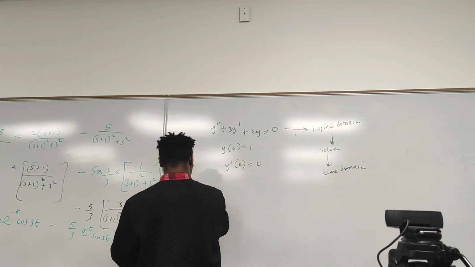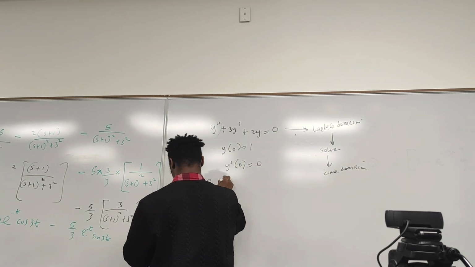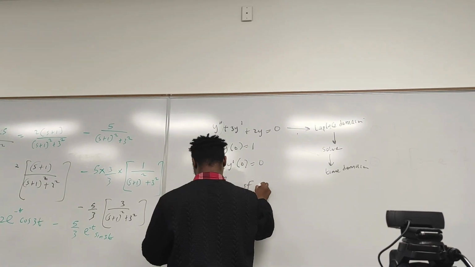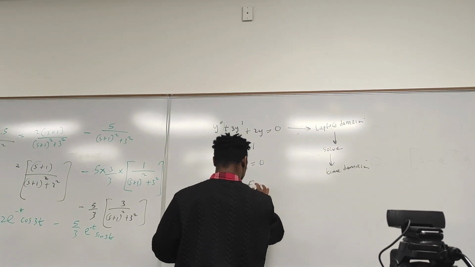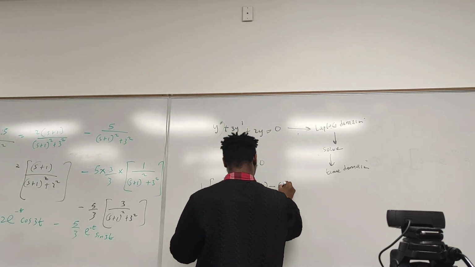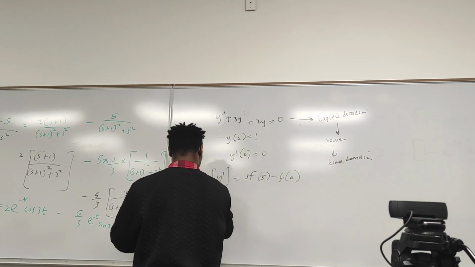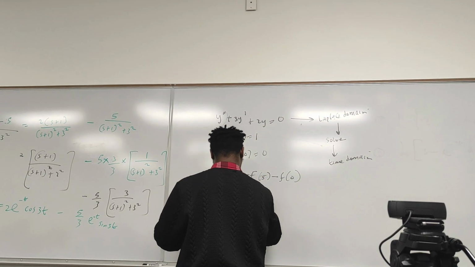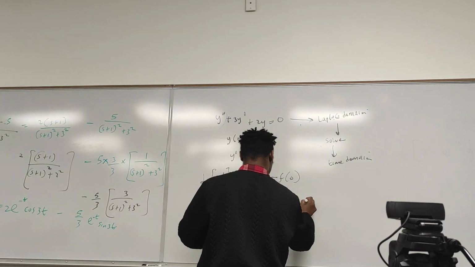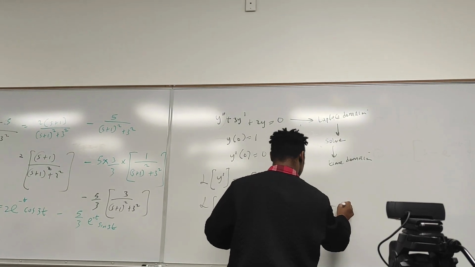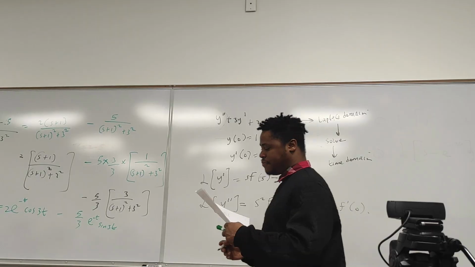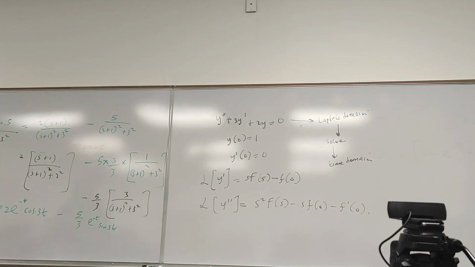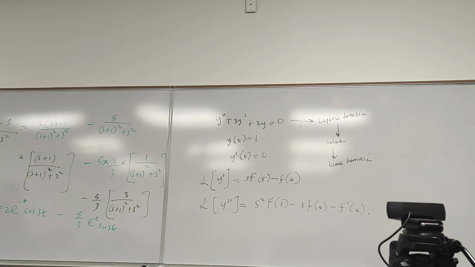For the first derivative, you have sF(s) minus f of 0. Then for the Laplace of the second derivative, you have s squared F(s) minus s f of 0 minus f prime of 0. Right? I hope I'm correct. Yes. It's a second derivative, so that's what we have.